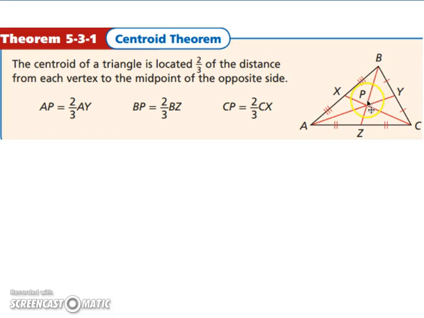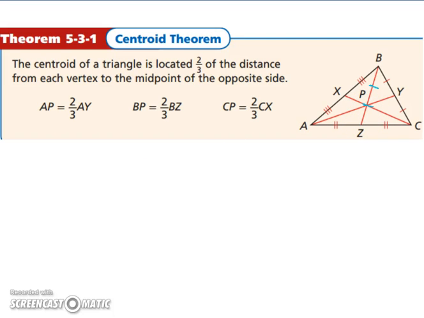So 1/3, 2/3. So from B to P is 2/3. And then from P to Z is 1/3. So it might be helpful to split each median into 3 pieces as such. So you have one-third, 2/3, and there's your 3/3.